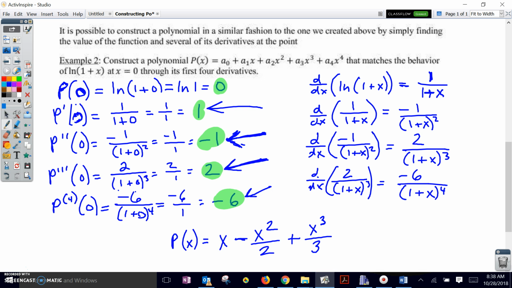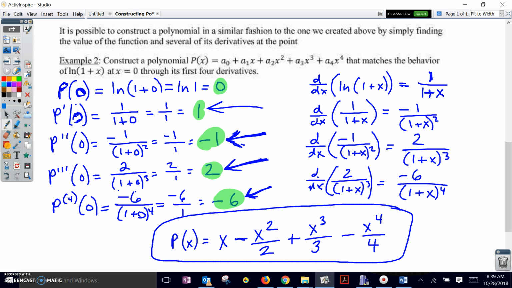And then the last one, we want this over 4 factorial. 4 factorial is 24, so negative 6 over 24 is negative 1/4. So that's going to be our coefficient for our x to the fourth term. And there's a polynomial that represents the natural log of the quantity 1 plus x at x equals 0 through its first 4 derivatives.